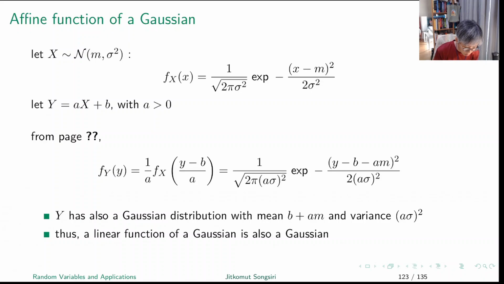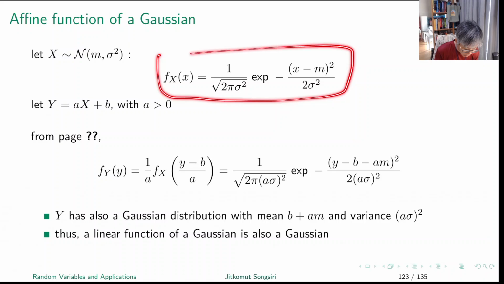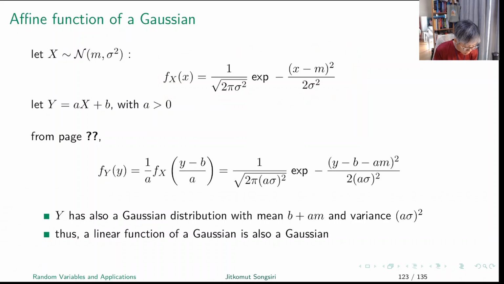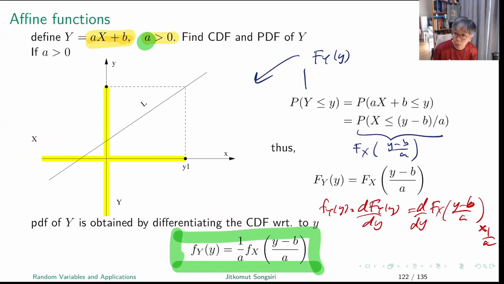We know that the distribution of x is given by this. If I transform x with an affine transformation according to coefficient a and translation term b, what is the PDF of y? Let me write down the formula from the previous page again, the formula from the green box.